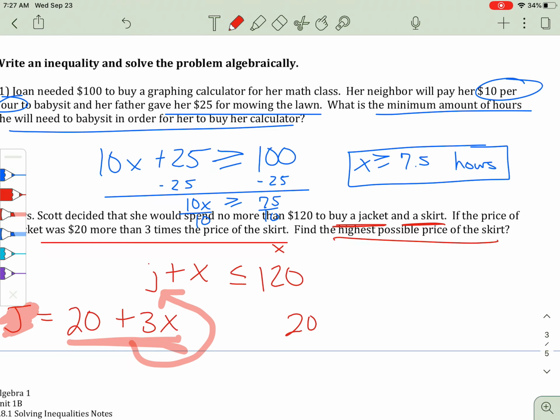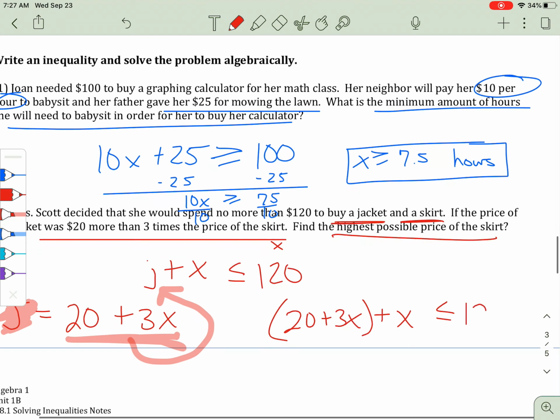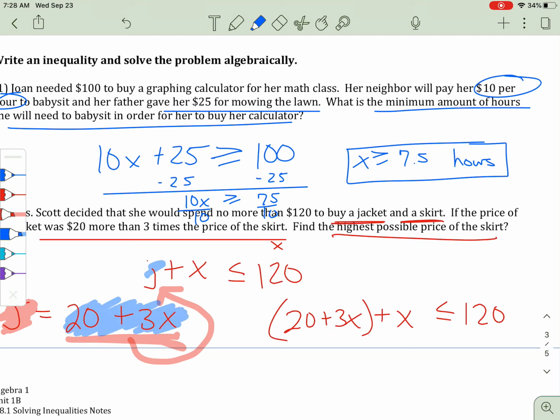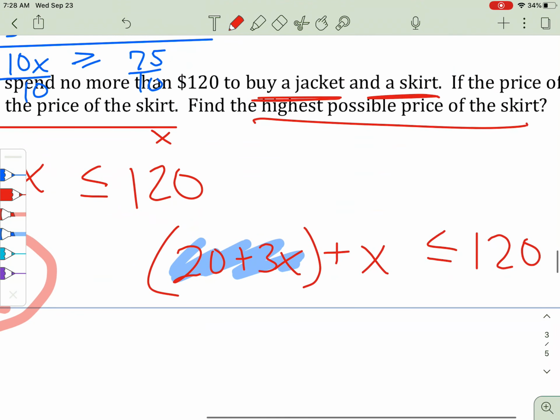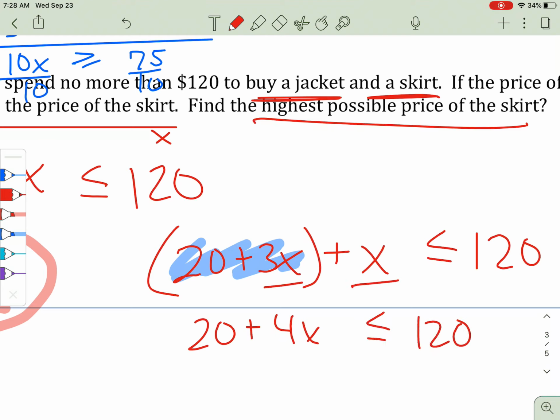So I now have 20 + 3x + x ≤ 120. So again, what did I do? I took this, because that's equal to J, and I plugged it in for this. Okay? So 20 + 3x + x is 20 + 4x. It's less than or equal to 120, because you can combine these x's.